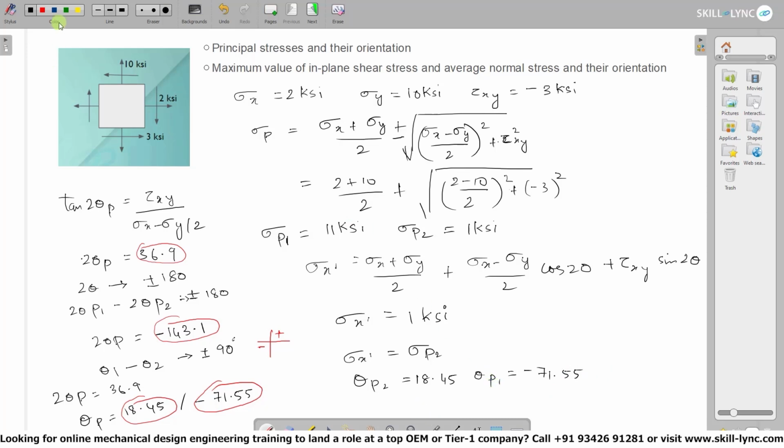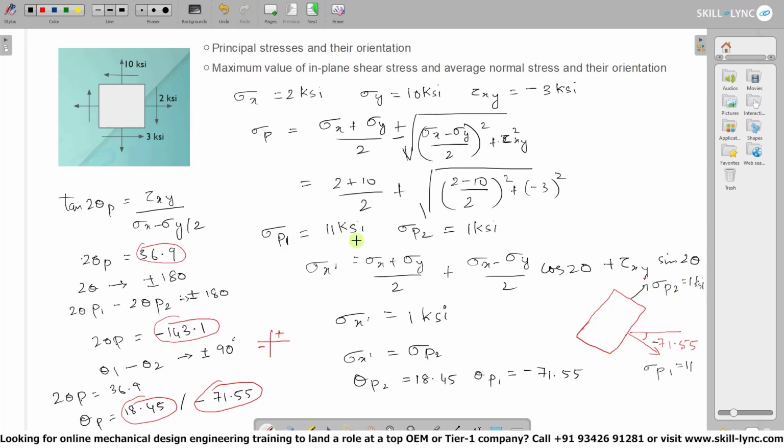Now as for the orientation, if we take a straight line, then the angle between this is, for example, minus 71.55, then the oriented plane for minus 71.55 degree angle is going to be this, wherein sigma p1 is equal to 11 ksi and sigma p2 is equal to 1 ksi.